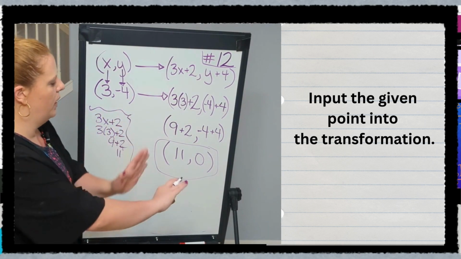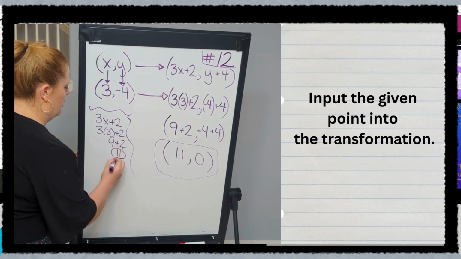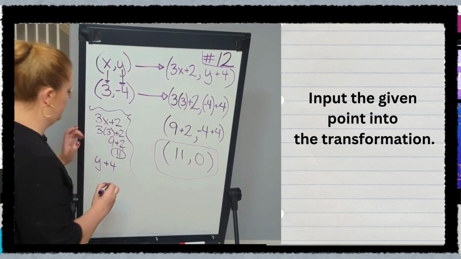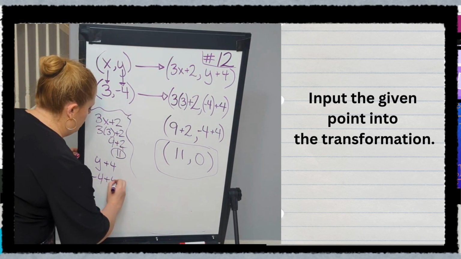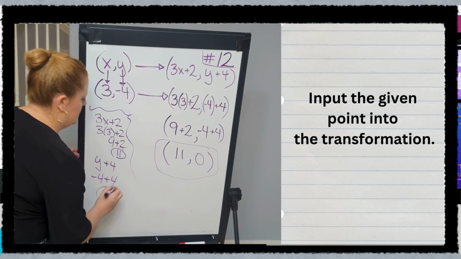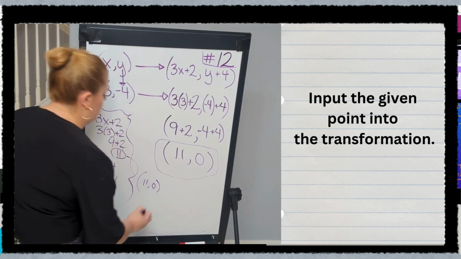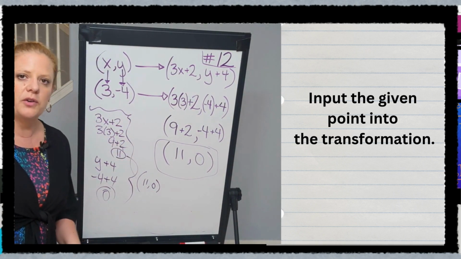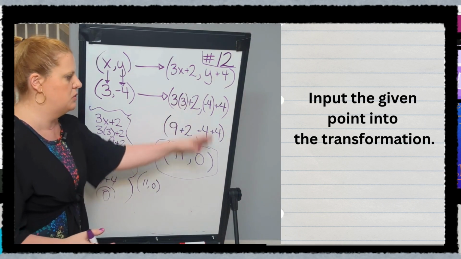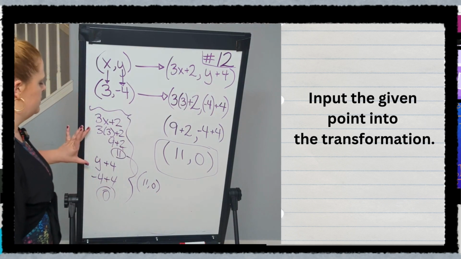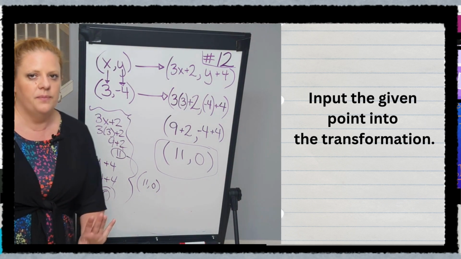Then say, okay, let's do our y separately. So we got our 11. We're going to do y plus 4, but I'm going to plug in my negative 4. Negative 4 plus 4 is 0, at which point you put them together. Same answer. Whichever way works better for you. I know it gets confusing when you do 2 equations at once, but my brain just kind of goes that direction. If yours doesn't, this is quite valid, okay?